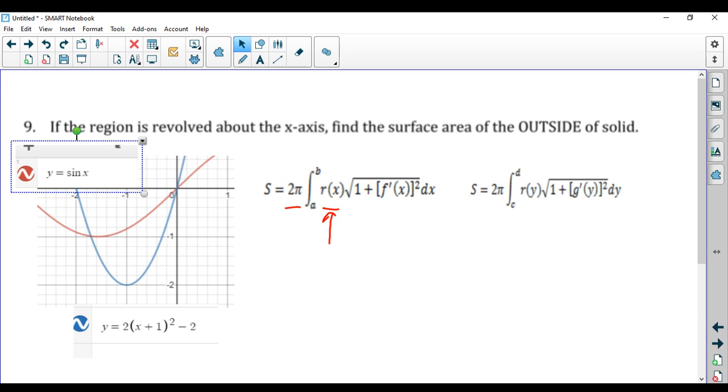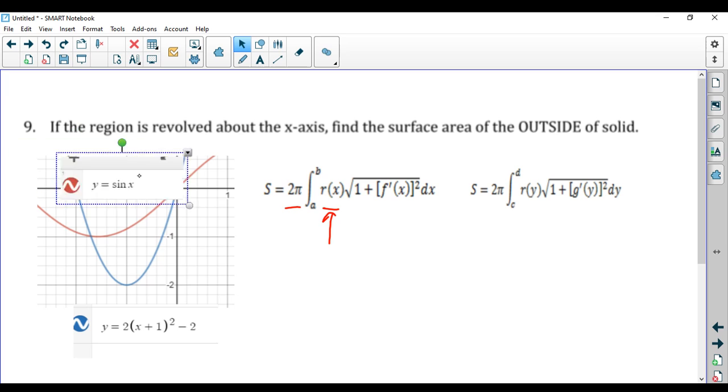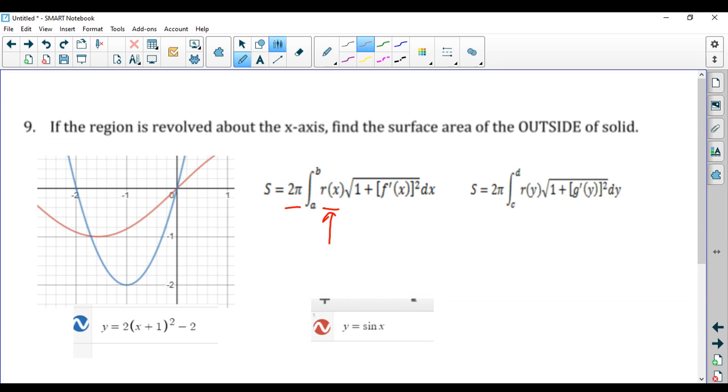So this question specifically says we're going to revolve around the x-axis. So we're going to revolve this whole region around this x-axis. But it's asking for what the outside of the solid would be, the surface area from the outside.